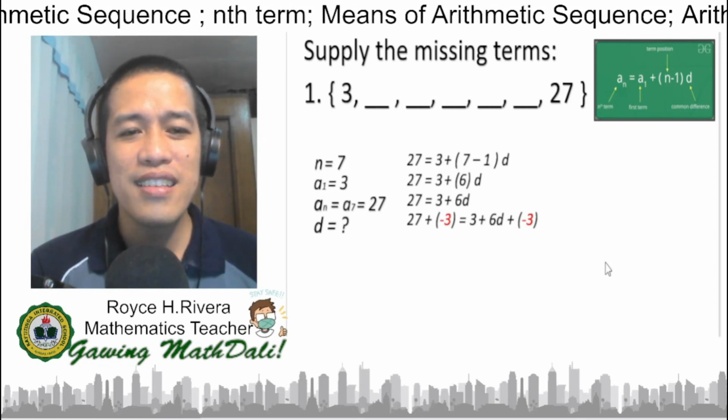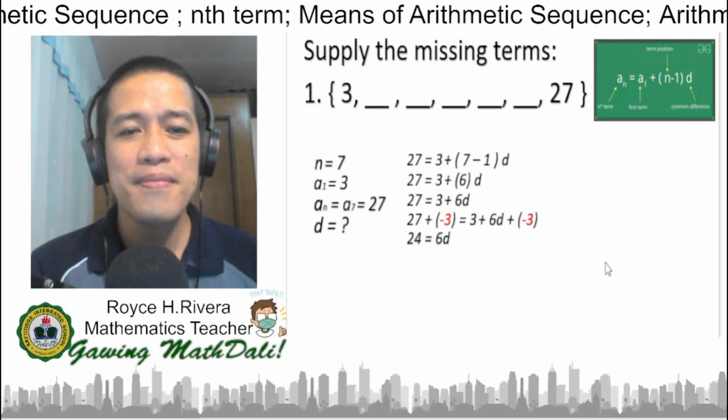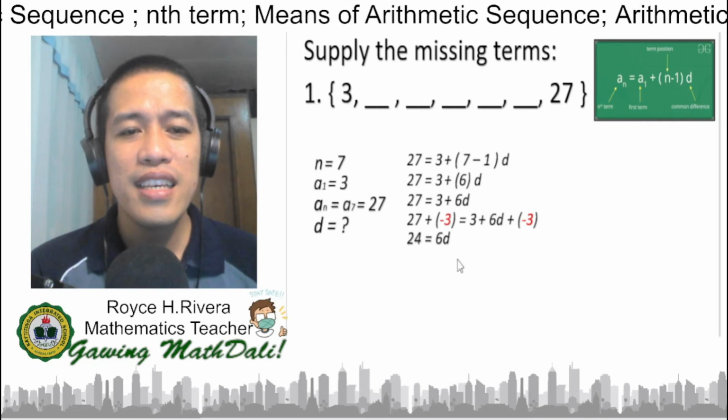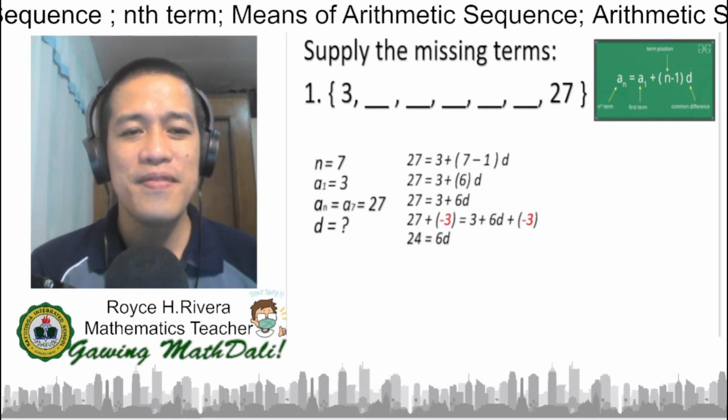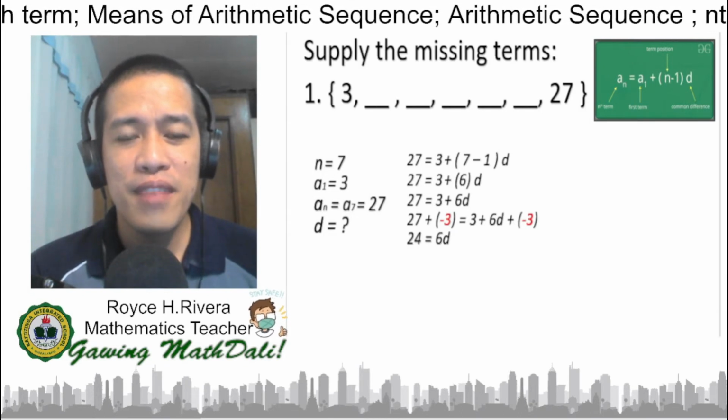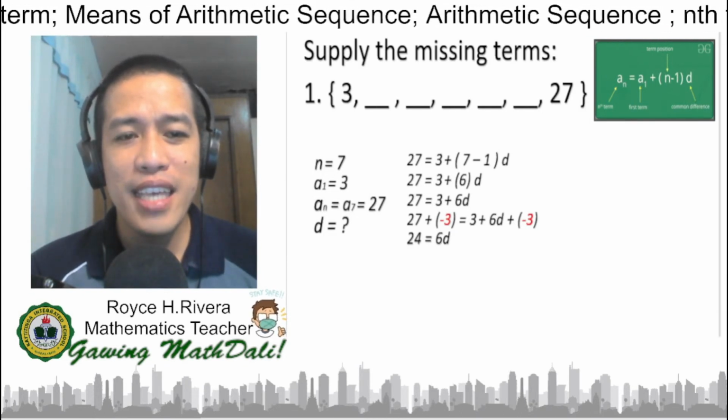So the next line will be 24 equals 6D. Now we need to divide both sides by 6.